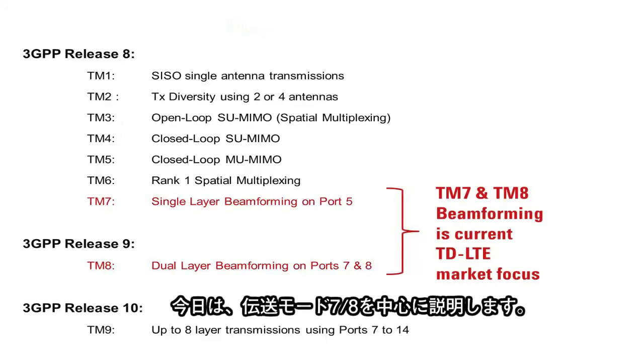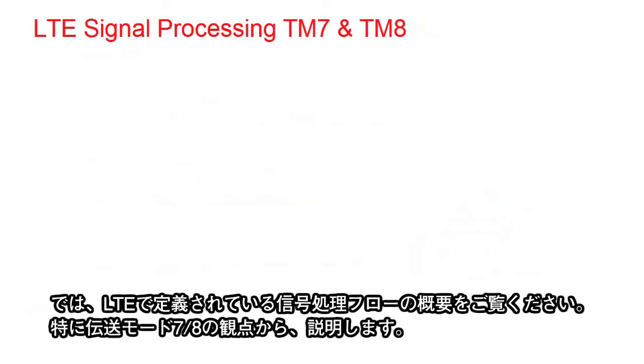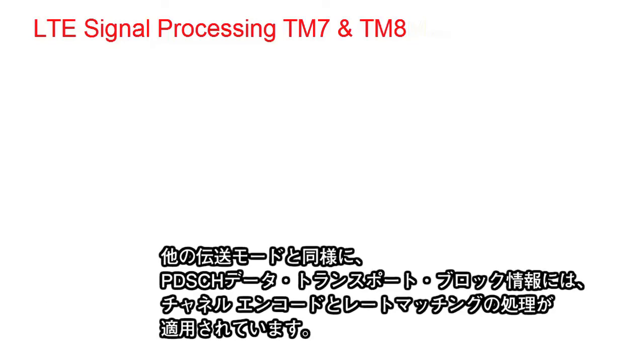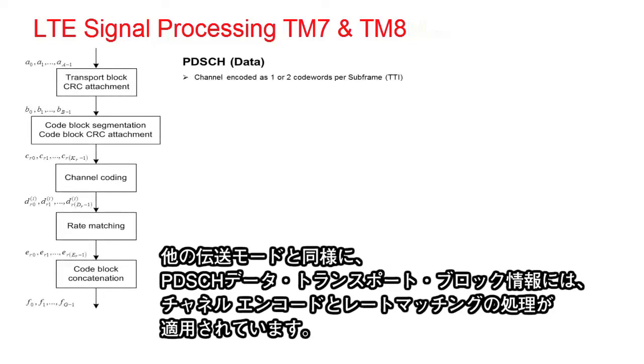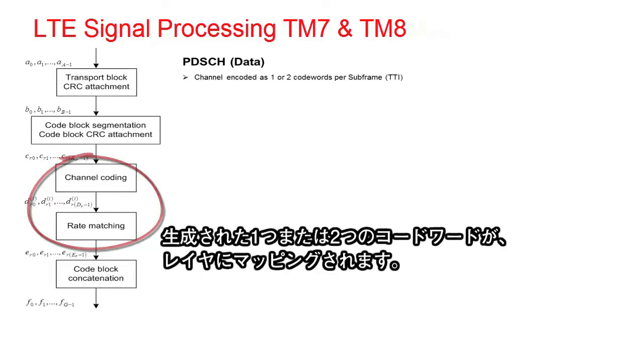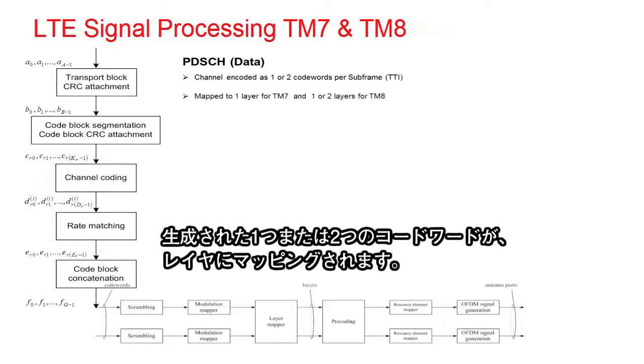Now let's summarize the LTE-A-defined downlink signal processing flow, specifically from a transmission mode 7 and 8 perspective. As with other transmission modes, the PDSCH data transport block information is channel encoded and rate matching applied, producing either 1 or 2 code words which are then mapped onto layers.